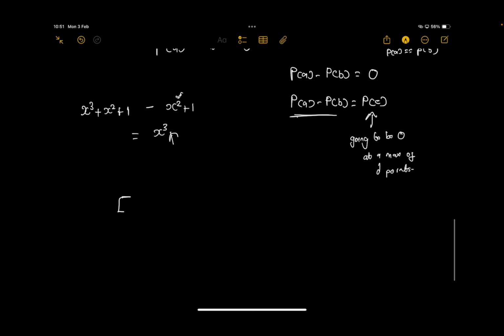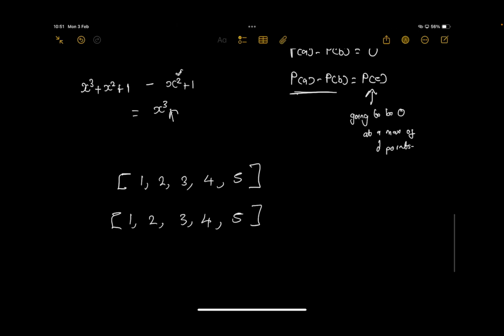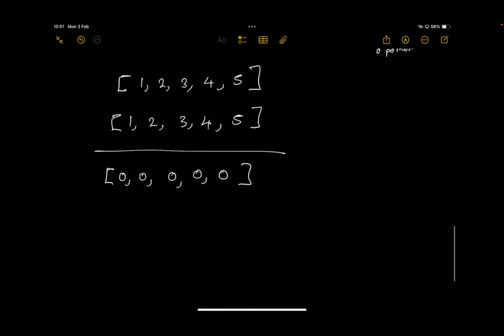So this is how subtraction works. The first polynomial, you can think of it as a list: 1, 2, 3, 4, 5. The second polynomial, you can also think of as a list: 1, 2, 3, 4, 5. Subtraction is basically element-wise subtraction, so this is going to be 0, 0, 0, 0, 0. This is an example of when both of them were equal, and this is now the zero polynomial.